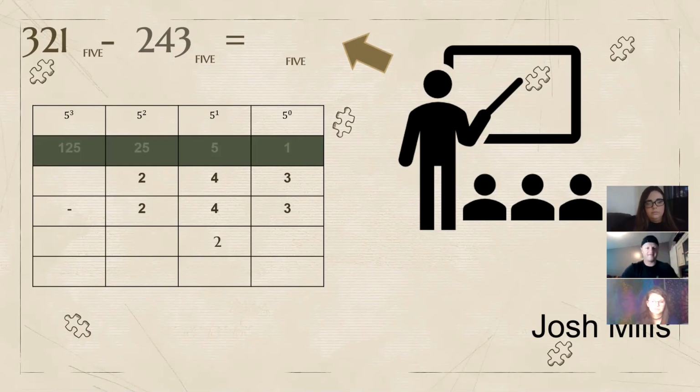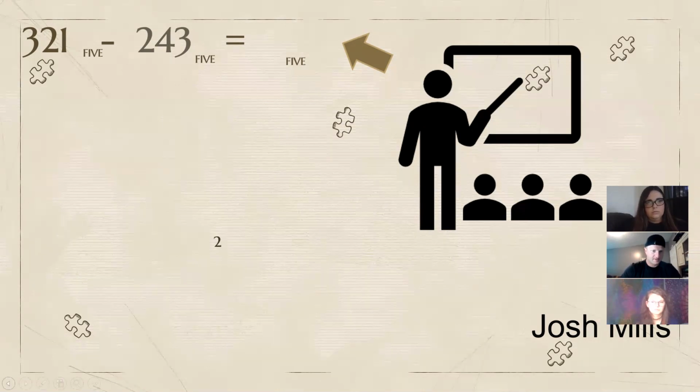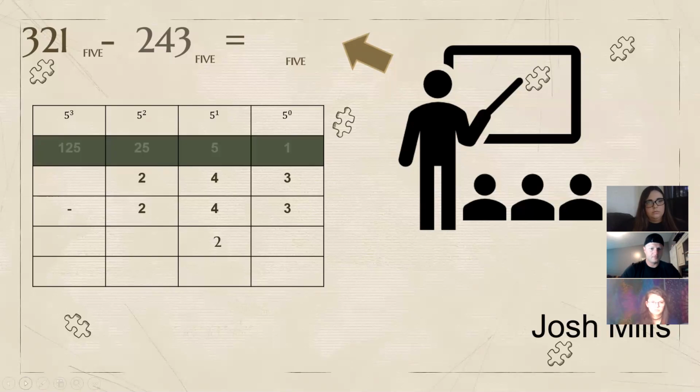All right, so back to this. Now we've got our powers of 5 and how this worked out on this certain section. You have the power of 5 to the 0, 5 to the first, 5 to the second, and 5 to the third. And when you get this, you would subtract. So how this works out is you come over, and this would be a 3.